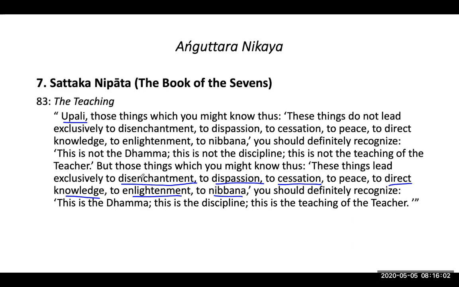Okay, so you hear disenchantment, dispassion, cessation. Sometimes when you live, just to let it go and let it go might be the right way to behave in relation to your desire.